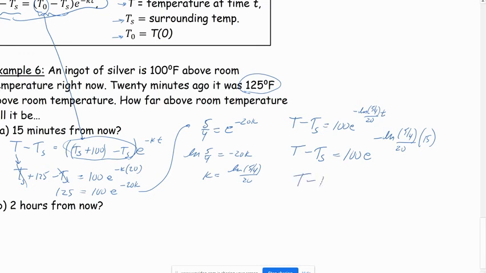So T minus Ts equals 84.59. And then that tells us that T is equal to the surrounding temperature plus 84.59. So it's 84.59 degrees above room temperature.